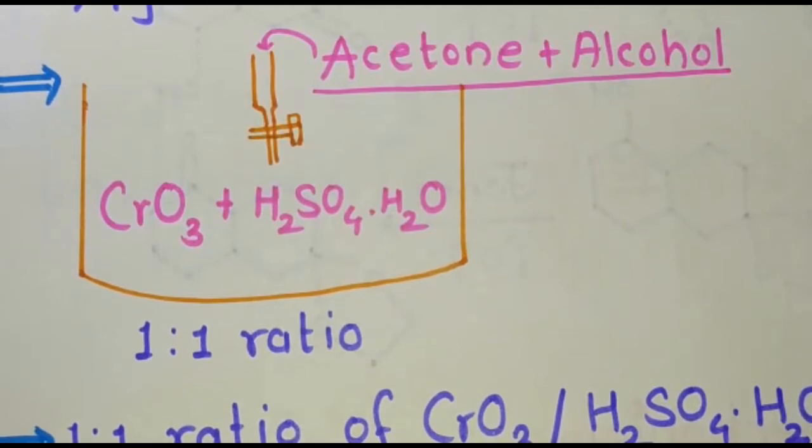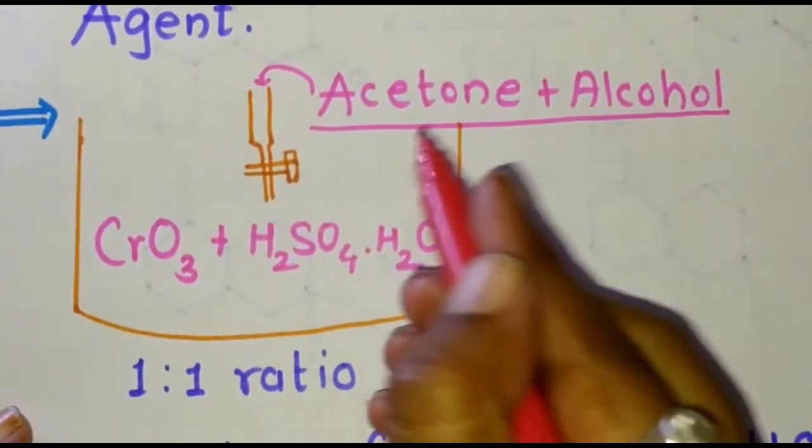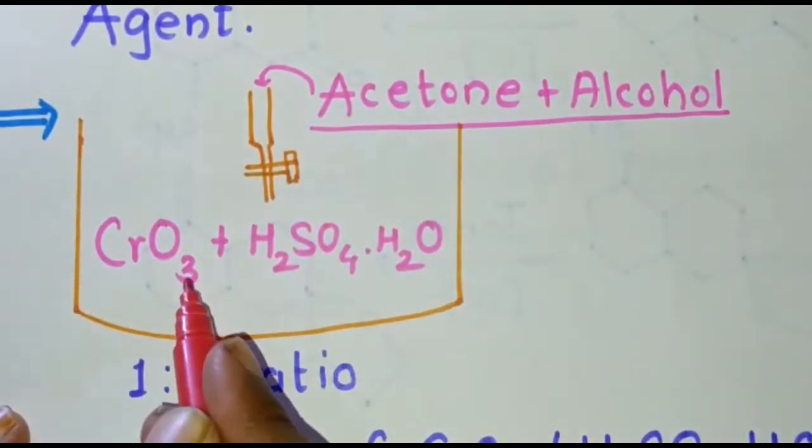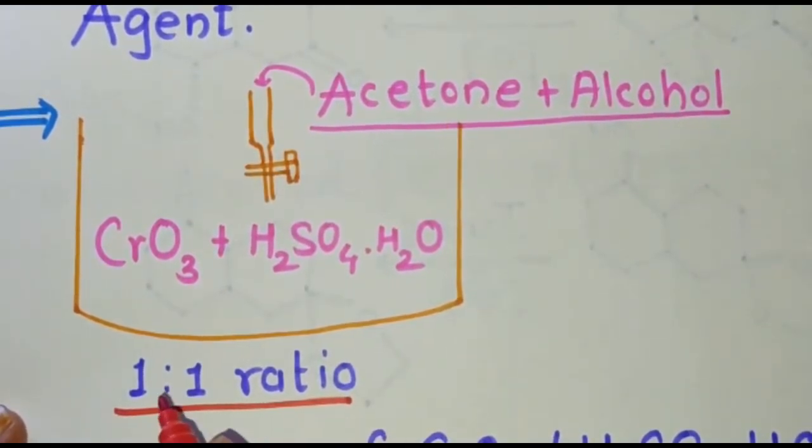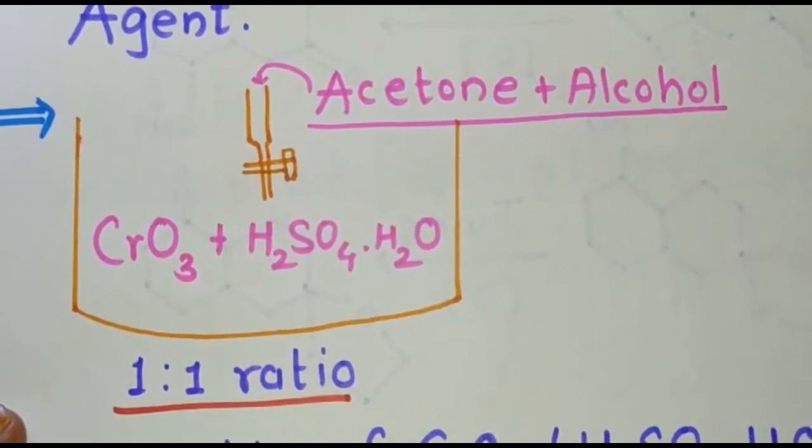If there is no 1:1 ratio, over oxidation will be carried out. The 1:1 ratio is the most important point. If the 1:1 ratio is not present, there will definitely be over oxidation.